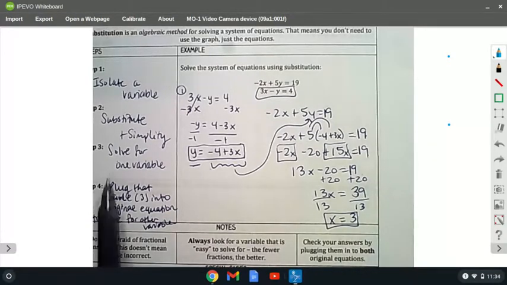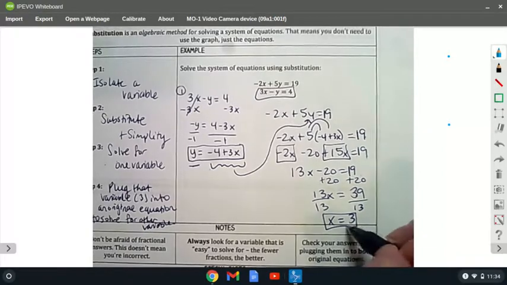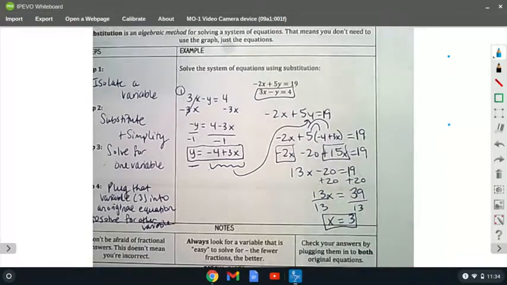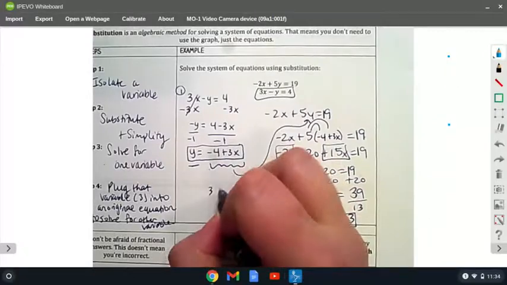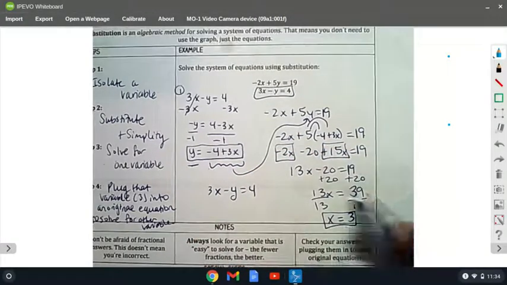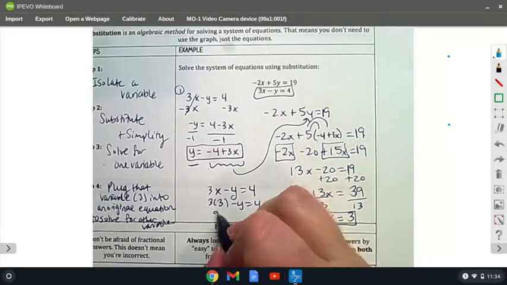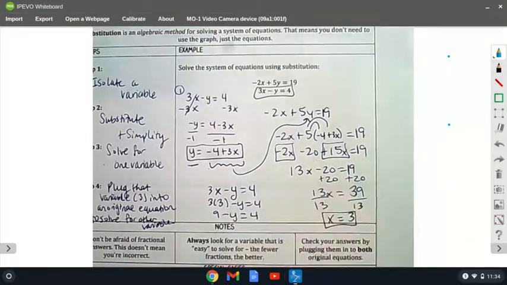Okay, so now that we've solved for one variable, we finished step 3. We need to plug that variable into an original equation to solve for another variable. So I'm going to take this 3 and plug it into this equation, 3x minus y equals 4. So I'm going to plug in 3 for x. So I get 9 minus y equals 4.